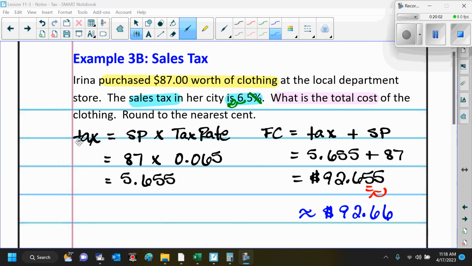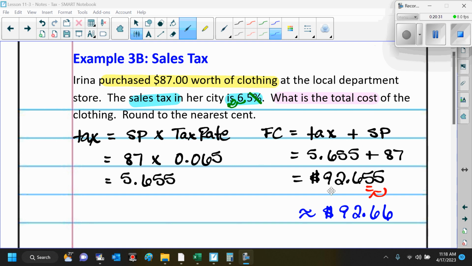All right, so first thing we want to do is calculate the tax. So that's going to be the sale price times the tax rate. So the tax rate, first to put the percent into the equation, we have to change that to a decimal, 0.065. Then we get 5.655. Then to get the final cost, we want to add the tax to the sale price.